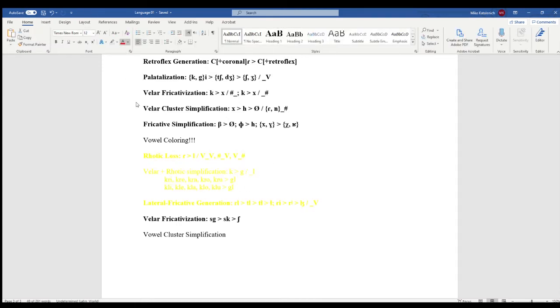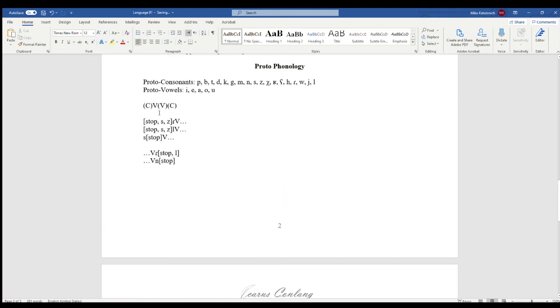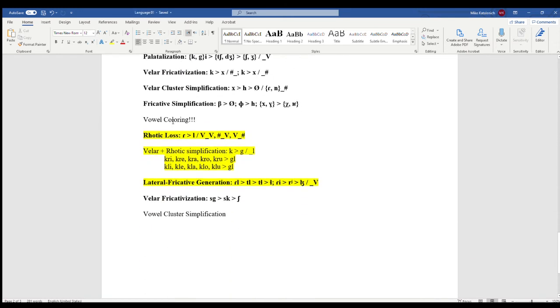And I haven't actually gotten rid of all of my R's. So vowel coloring is getting rid of R's here, by having them become L's.